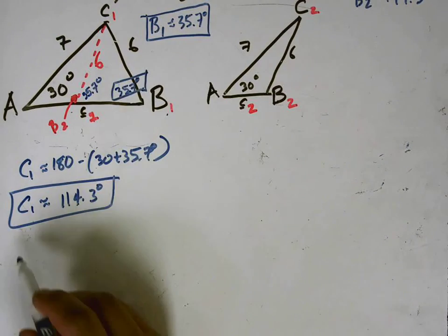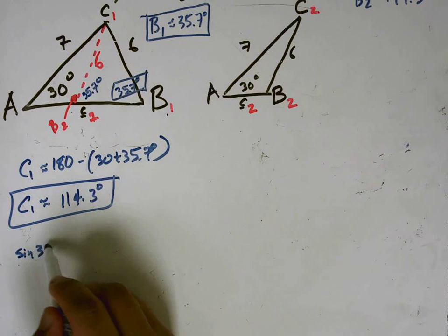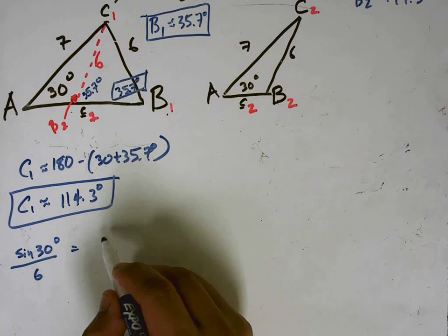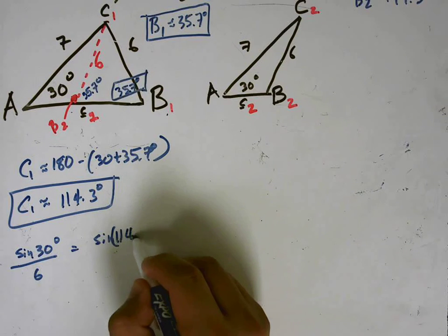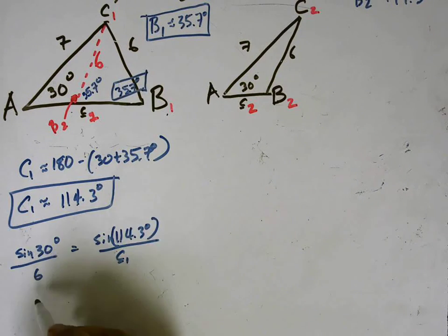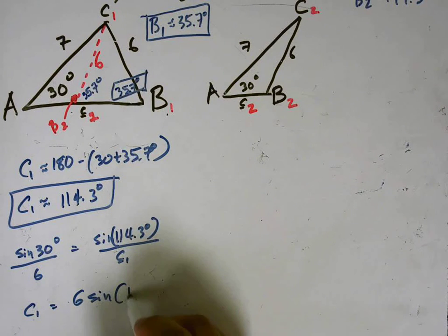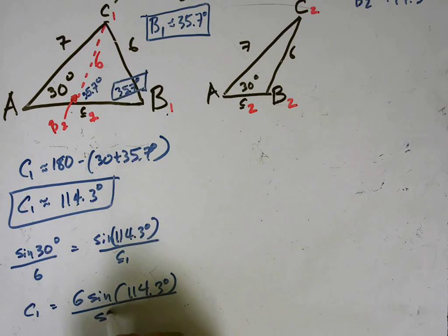And then little c1, so I can use the law of sine again. Sine of 30 over 6 is equal to sine of 114.3 degrees over little c1. That means c1 is equal to 6 times sine of 114.3 degrees, all of it divided by sine of 30 degrees.